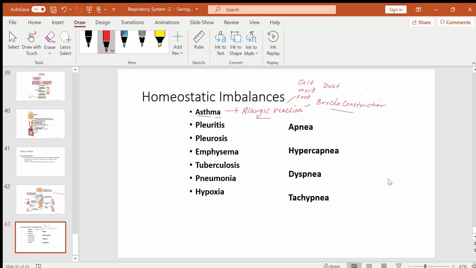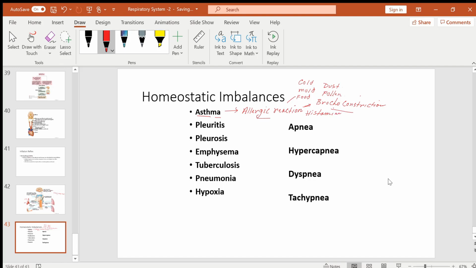Or certain chemicals, or pollen. So an allergic reaction can occur due to a number of things or factors. However, the result is that when the person gets an allergic reaction in the body, chemicals will be released. One is called histamine.